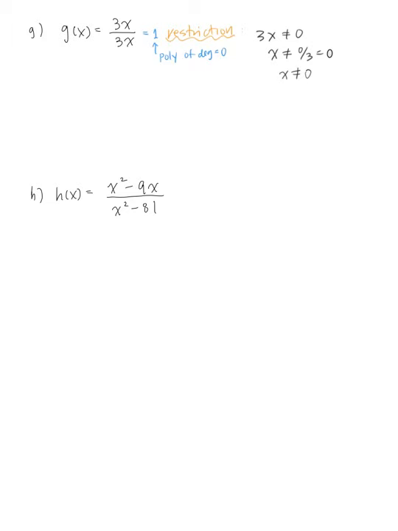But that was not the case, was it? Because we have a restriction saying that x cannot be 0. So in order for you to find the domain of a rational function, let's just say, compute the domain first before you simplify it.